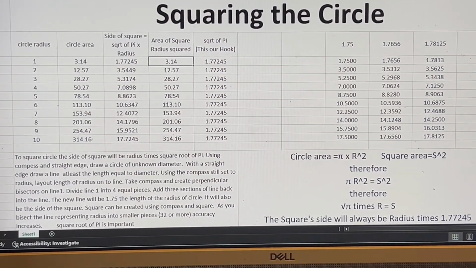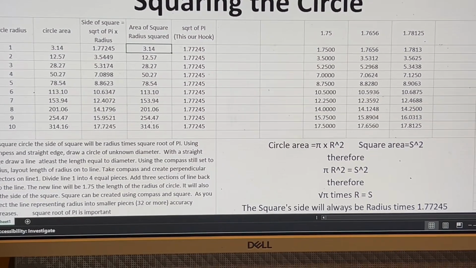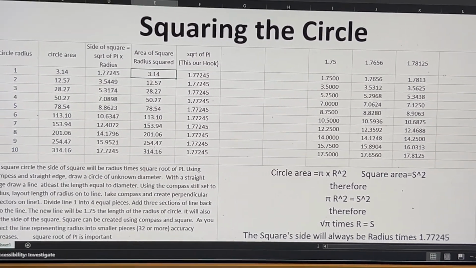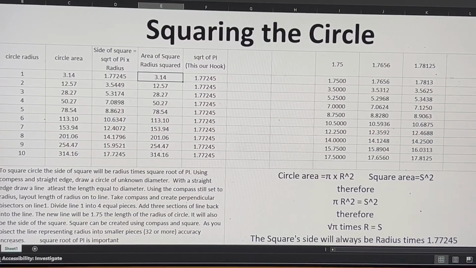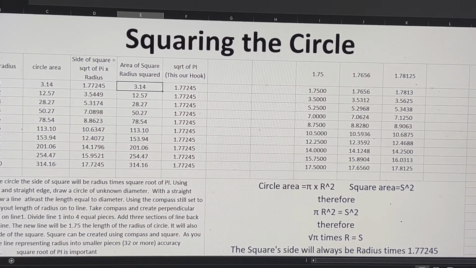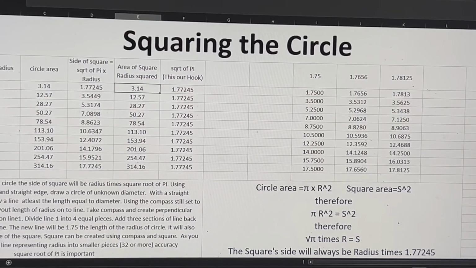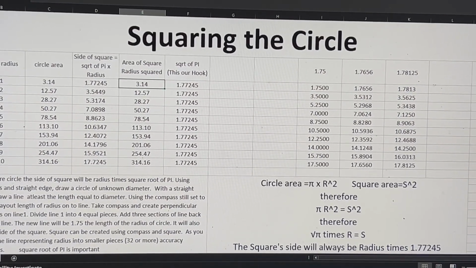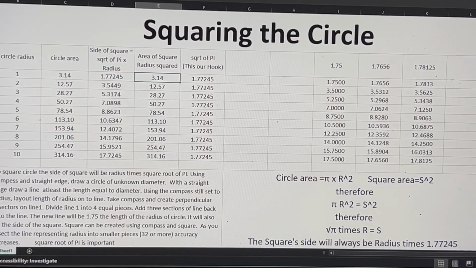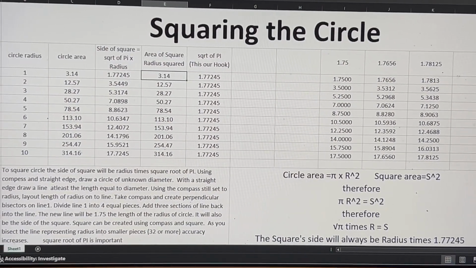That looks to be like our hook. Again, we have equations over here laying out our thought process. And it comes down to square root of pi times radius is equal to the side of the square. So we know the square root of pi is 1.77245.